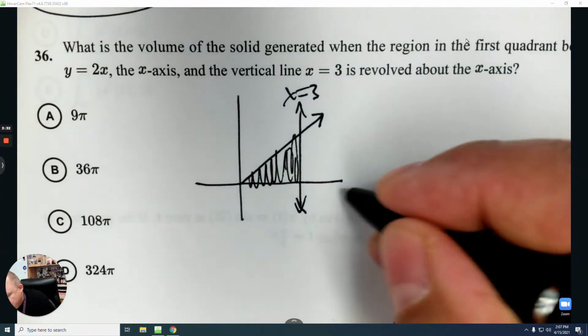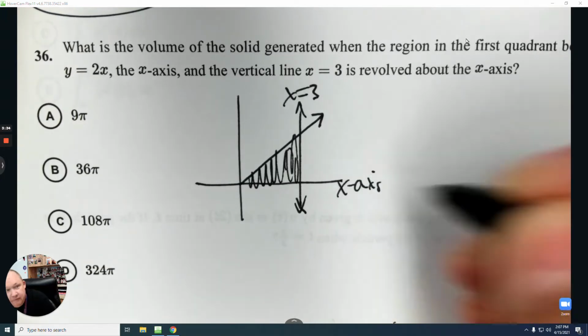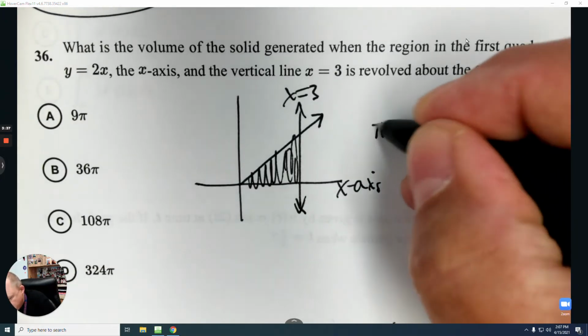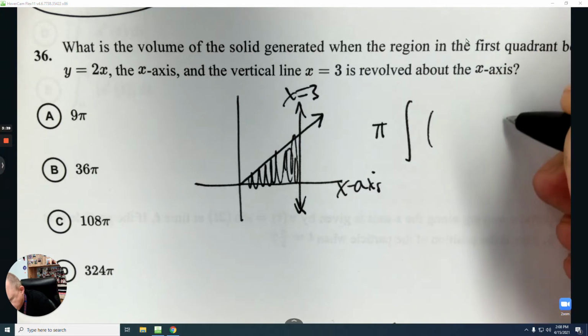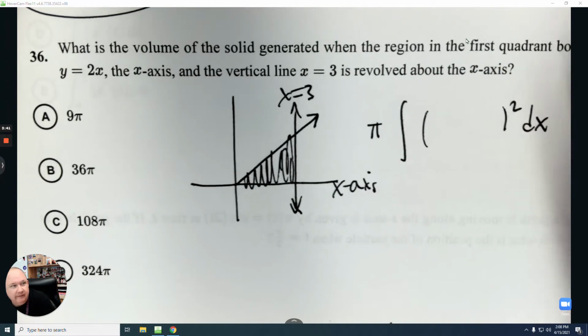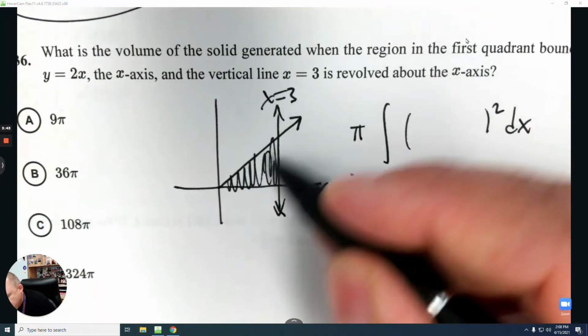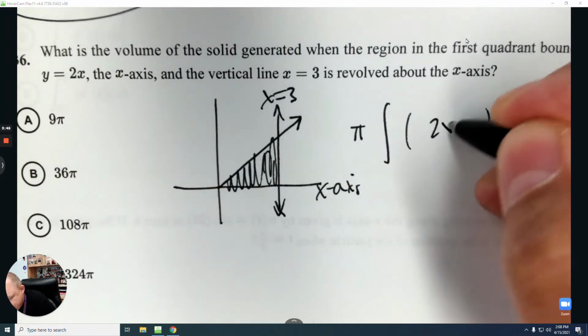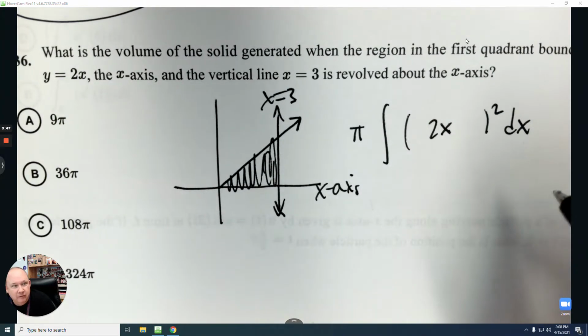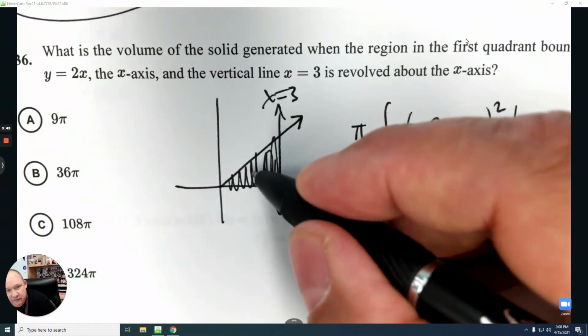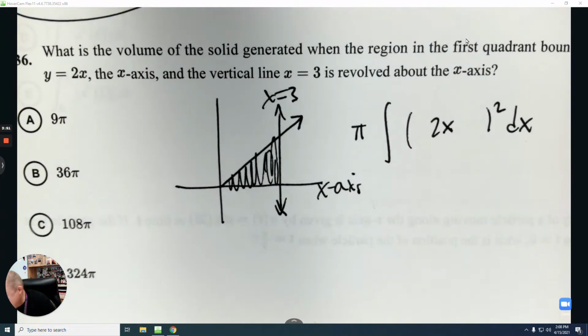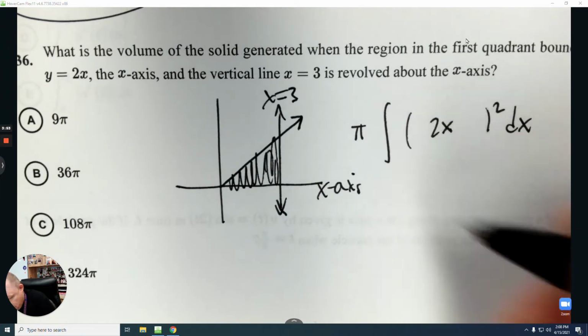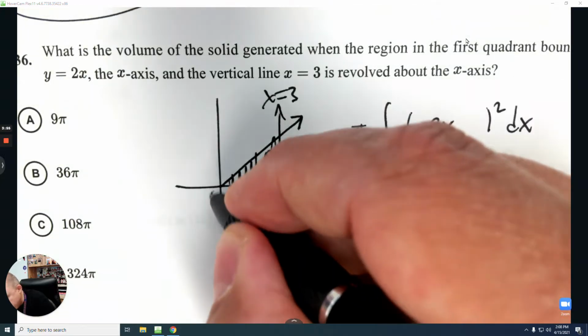Revolved around the x-axis is a circle, so it's pi r squared. Top subtract bottom is just that line, so 2x represents that radius. And that's it. Now we need to do the work. The bounds go from 0 to 3.